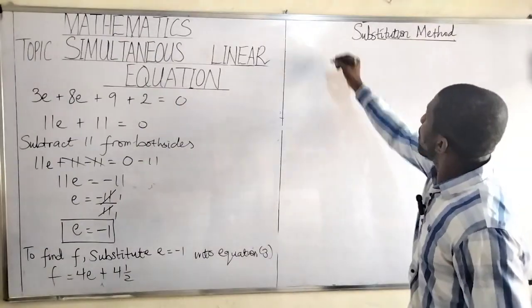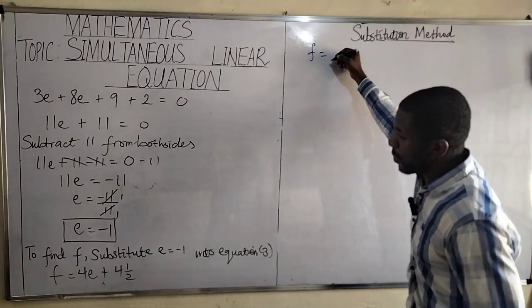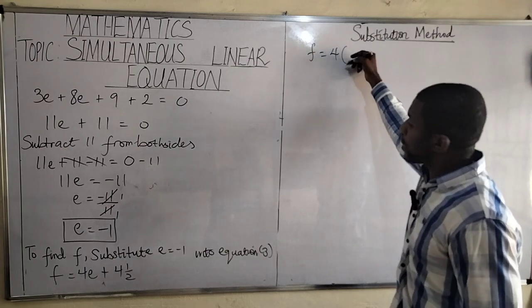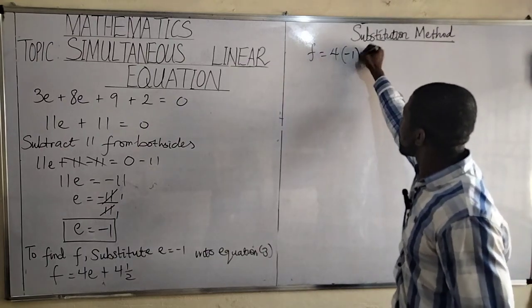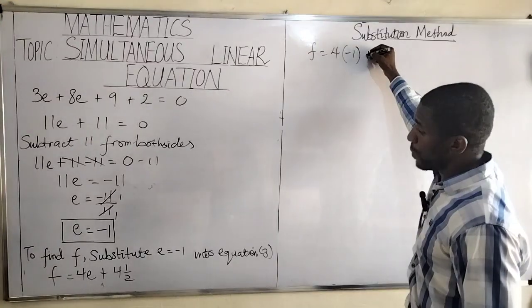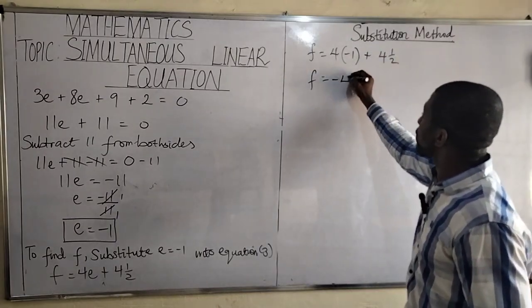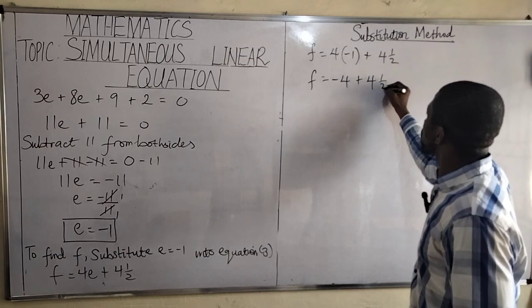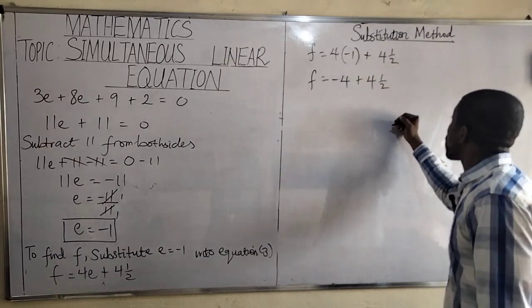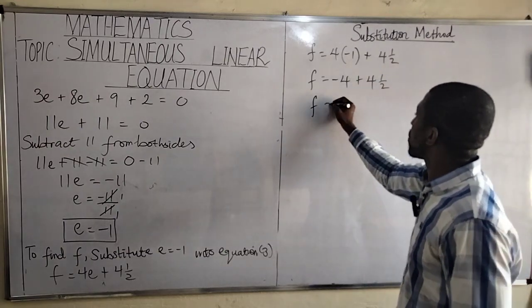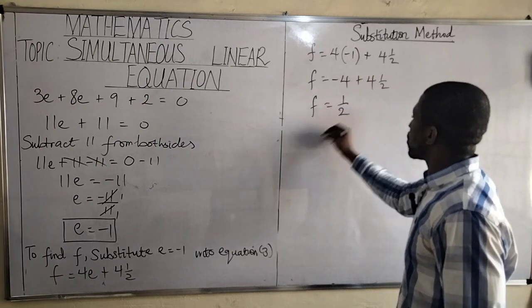Alright. Our f will now be equal to 4 times e, which is negative 1, plus 4 number 1 over 2. Then f is equal to negative 4 plus 4 whole number 1 over 2. Negative 4 added to 4 whole number 1 over 2 will give us f equal to 1 over 2.